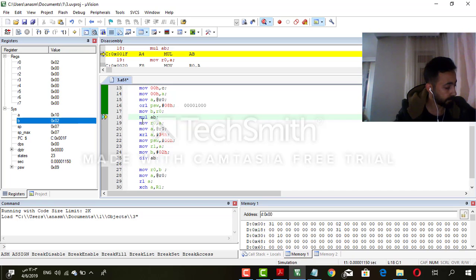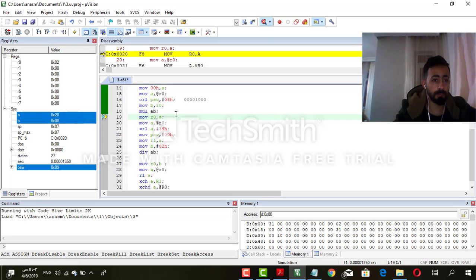After that, we will multiply A and B. By multiplying A and B, A will be 20.